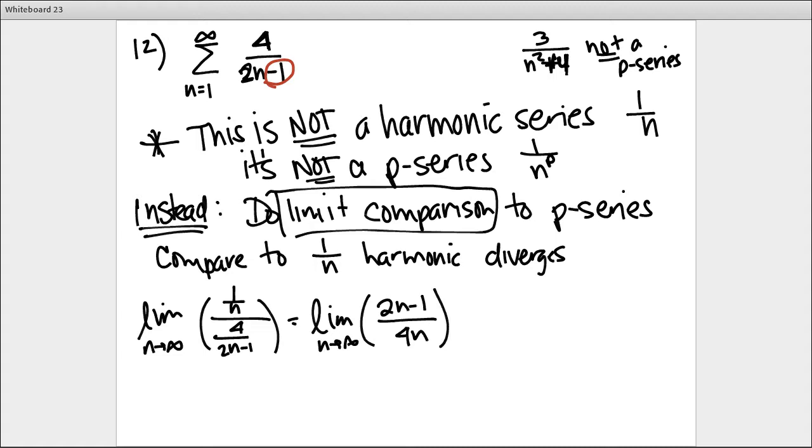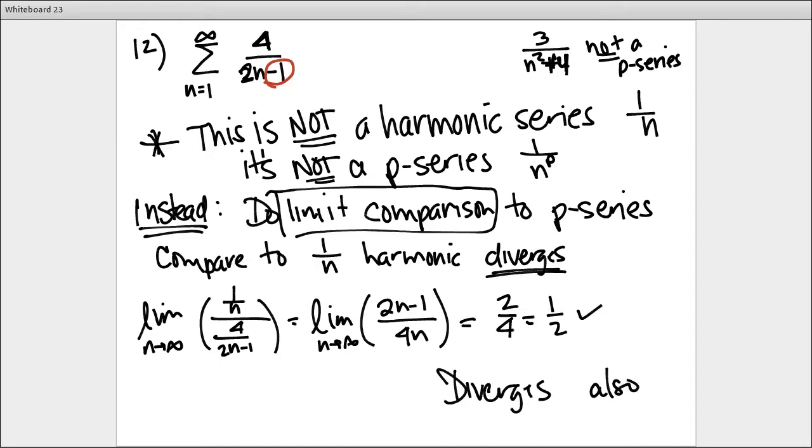As n goes to infinity, you are left with the leading coefficients, because you got an n on top to the power of 1 and an n on the bottom to the power of 1, so you're left with a 2 over 4, which is 1/2, and so it does the same thing as the one you compared it to. It diverges also. So that guy diverges.